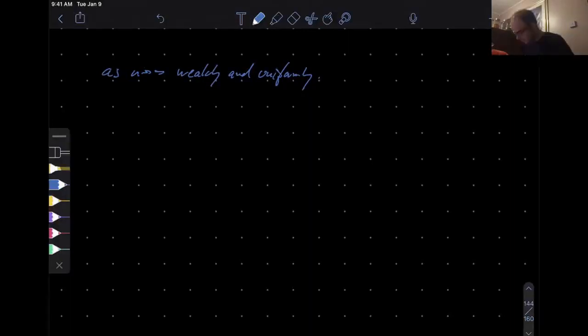All right, then I will show that the same weak and uniform convergence holds true for the adjoint sequences, so the sequence formed out of the adjoint operators of the Tn's and T.